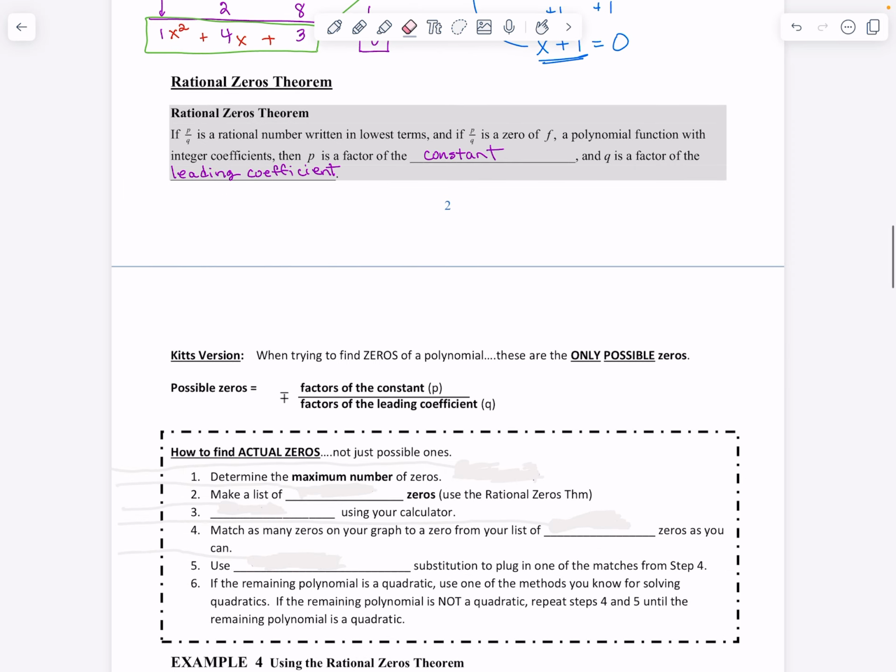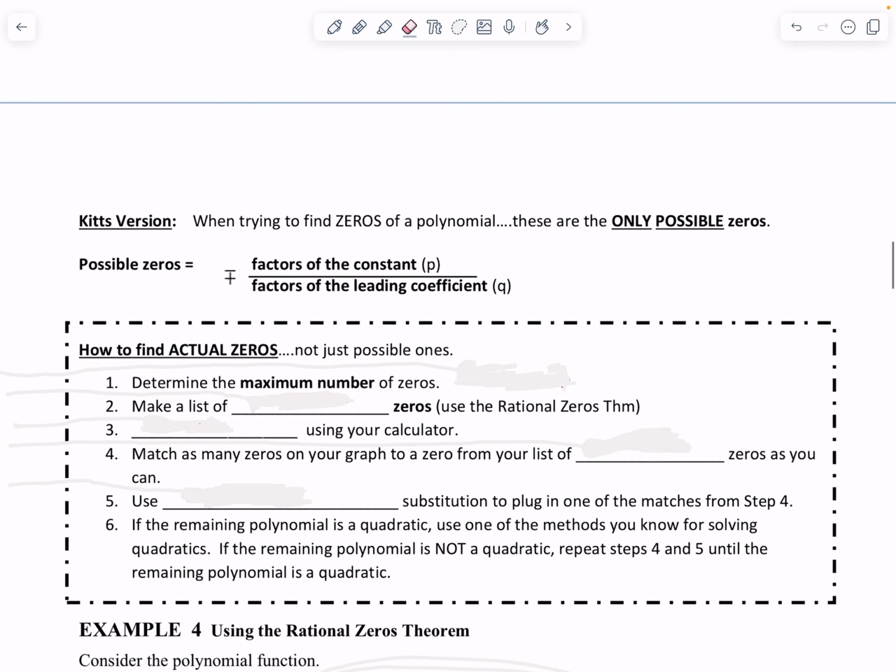Here's my version. When you're trying to find the zeros of a polynomial, I haven't given you any. We can narrow down all the possible solutions to just a few, okay? So these are the possible solutions to the equation. So it'll just help if we just work a couple of problems.